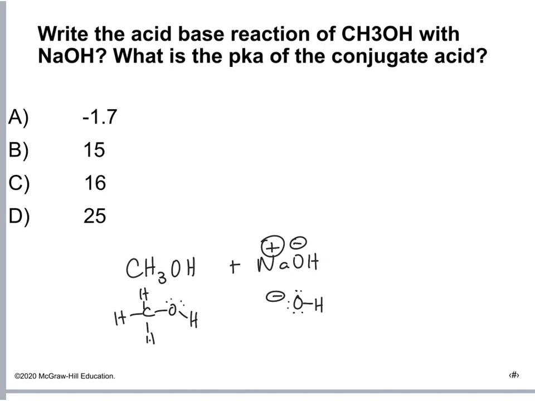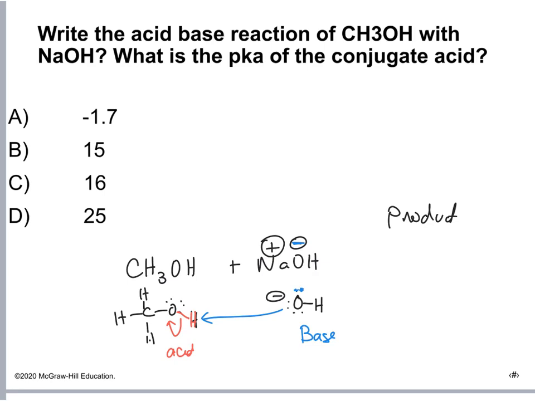So these are your Lewis structures, and what's happening here is this is going to go take that proton, and then those electrons are going to go onto that oxygen. And so this is your acid, because this is the proton that's being taken, and that would make this your base. You're going to notice your base anytime you can find your negative charge or a lone pair that's reactive. Now we've got to predict our products.